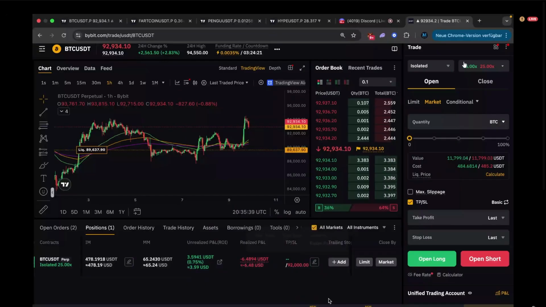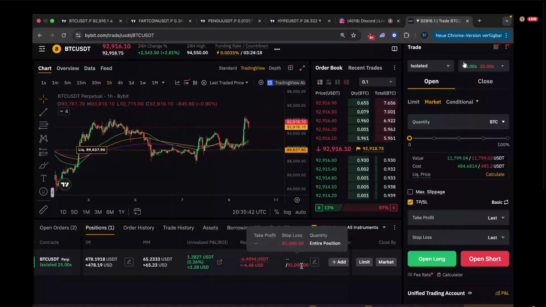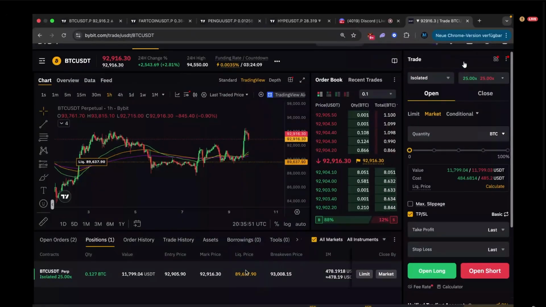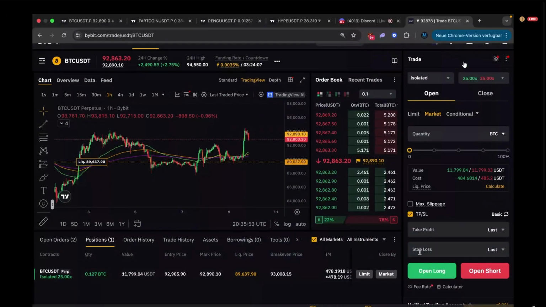Here you can see TPSL, yes, it's at 92,000. And when this trade stops here at 92,000, what we lose is 1%, which is $100. This is what I wanted to show you guys. You can simply see on the exchange the price here when the trade fails.